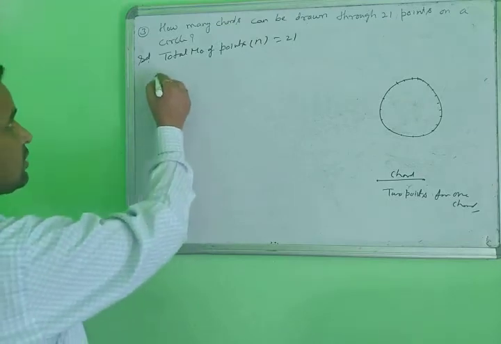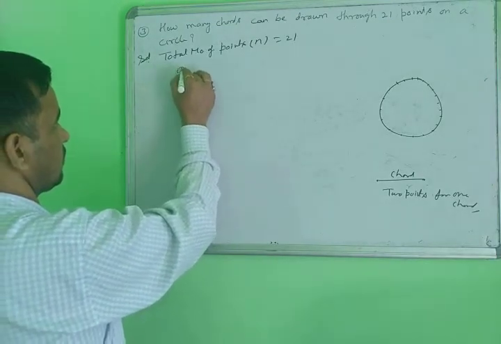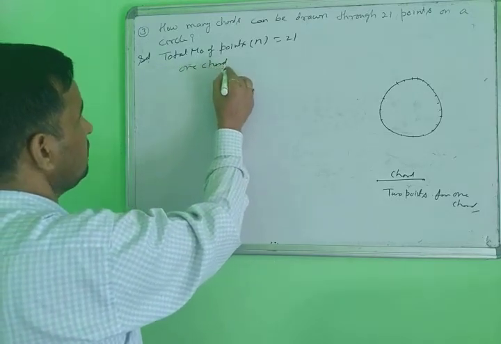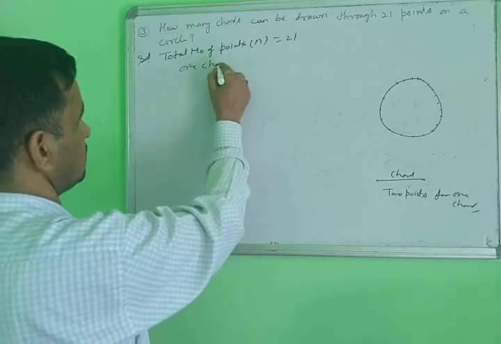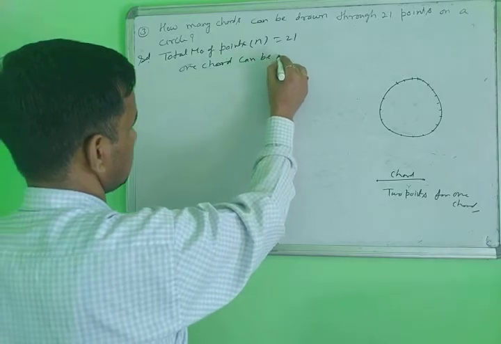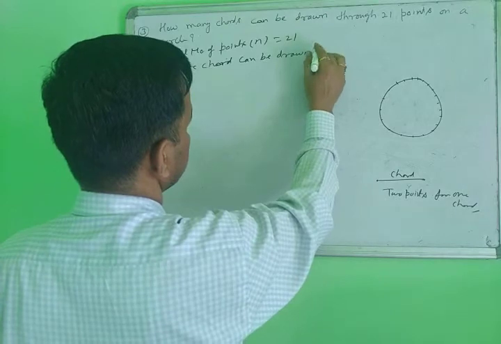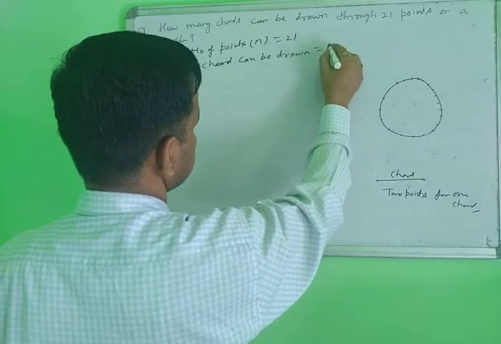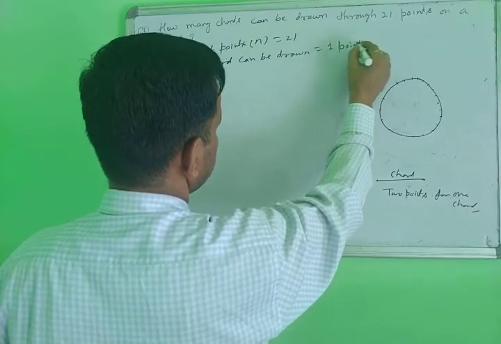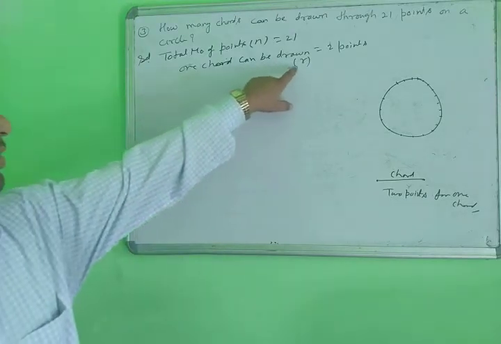The number of points required, 1 chord can be drawn with 2 points, and this is called the r. This is called the 1 chord can be drawn, 2 points.